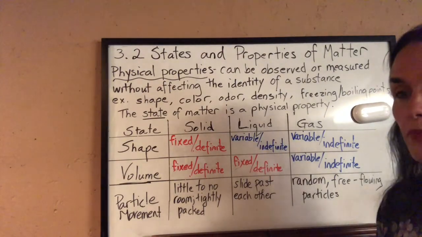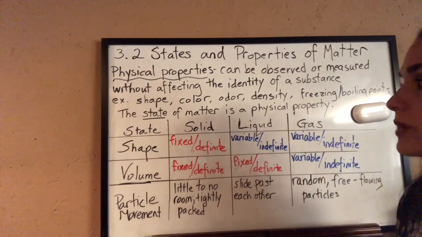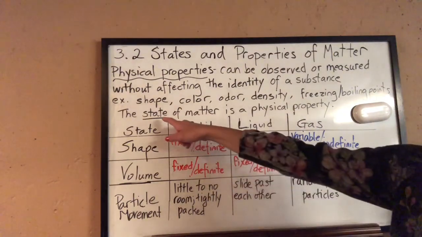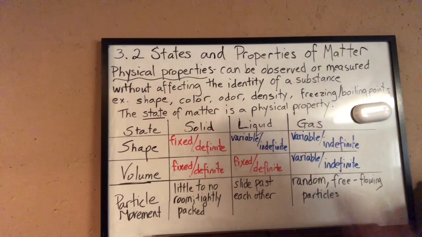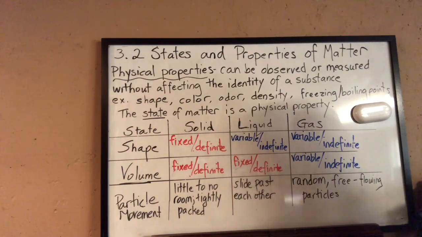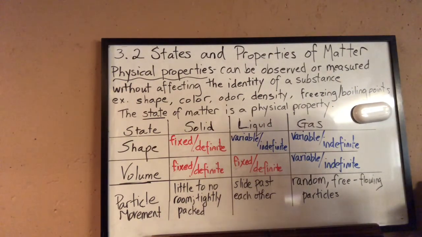If you say the blue liquid, the color is a physical property, and saying that it's a liquid, which is the state of matter, is also a physical property. State of matter is a physical property as well, if something is a solid, liquid, or gas.